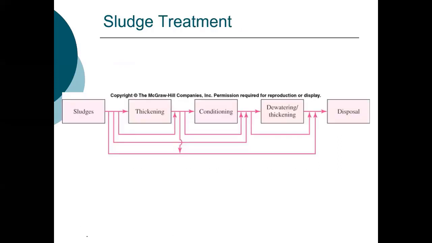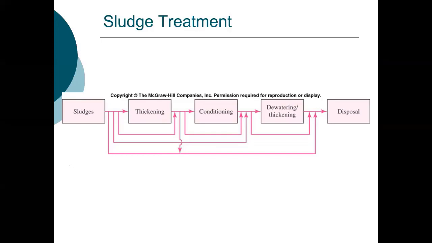So when we look at sludge treatment, typically we can divide it up into thickening, conditioning, dewatering, and disposal. So thickening is the initial process.